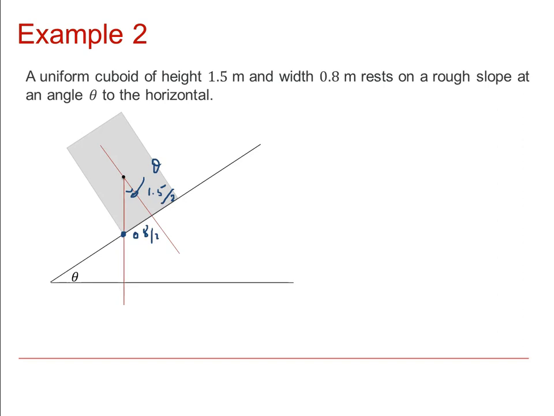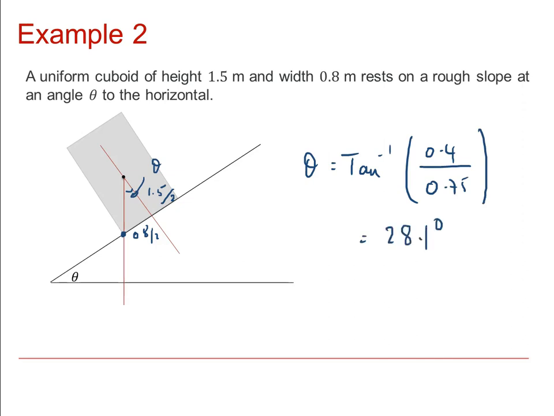So we have therefore a triangle in which we've got theta is tan to the minus 1, the opposite side is 0.4, and the adjacent side 0.75. And if you calculate that, theta turns out to be 28.1 degrees to 1 decimal place.